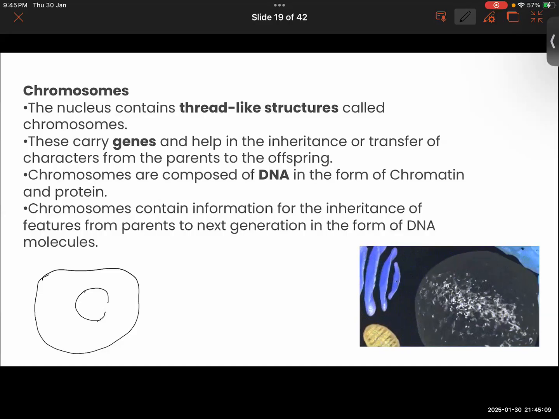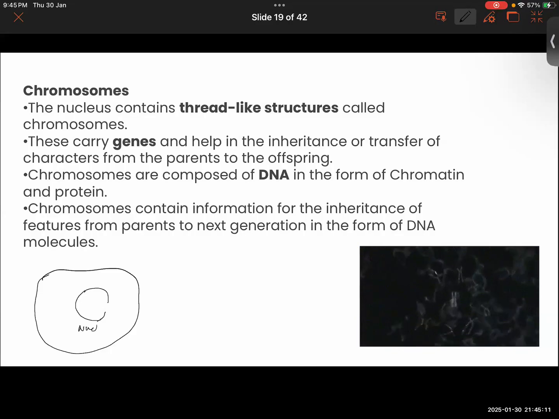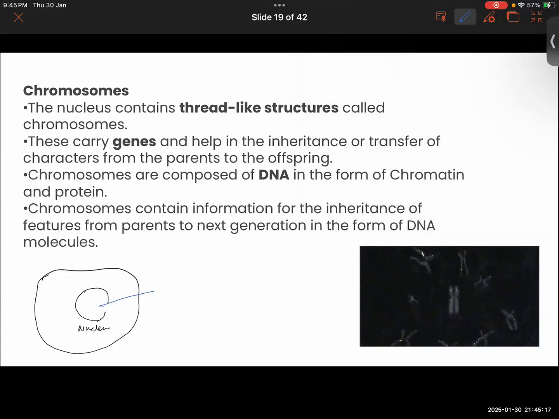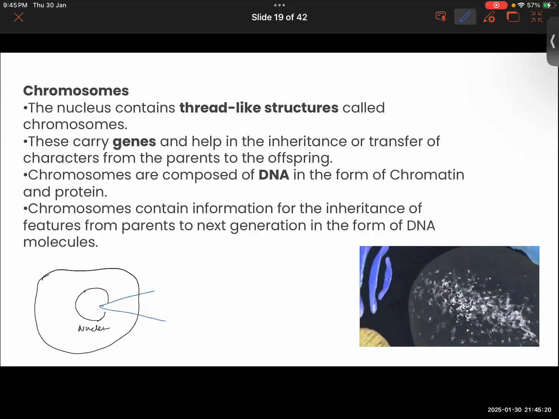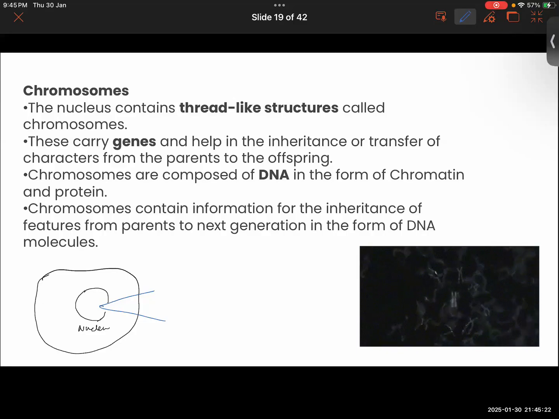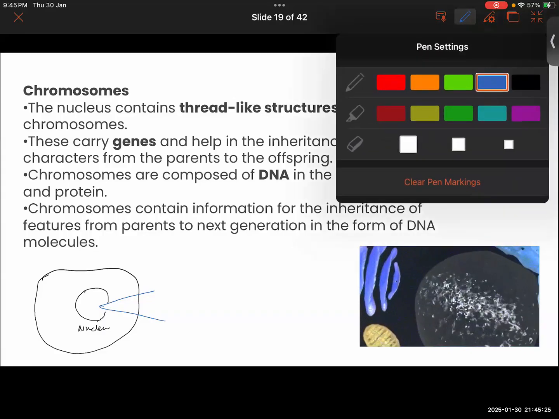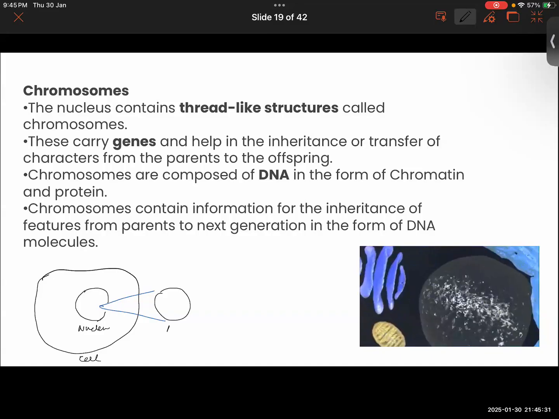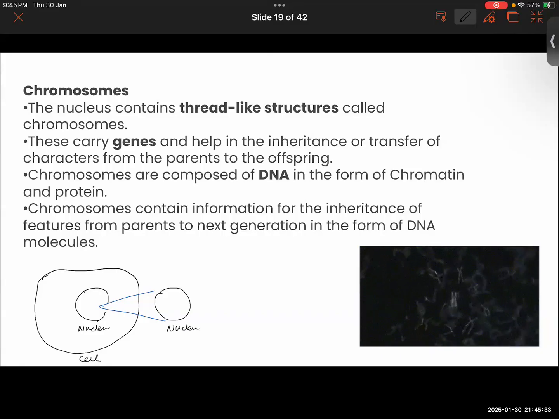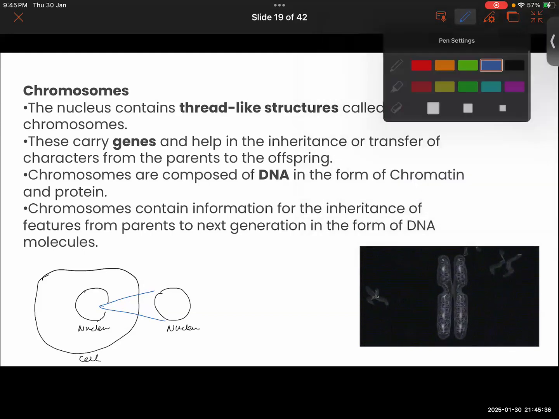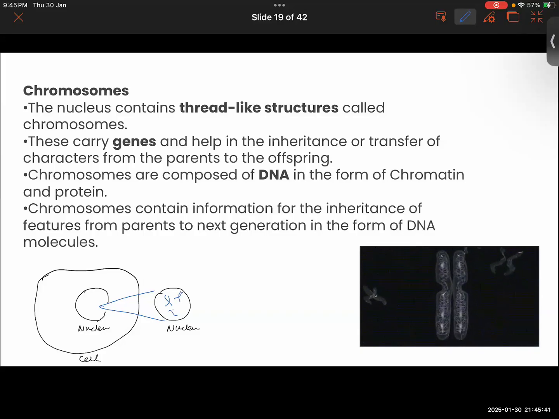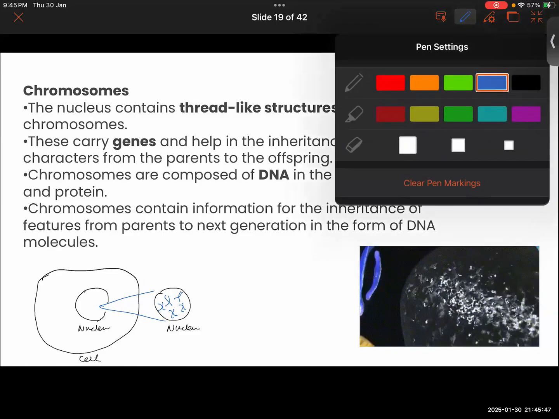Now, when we zoom into the nucleus, we find that it has thread-like structures. What are we calling these thread-like structures, Micah? Chromosomes. Okay.